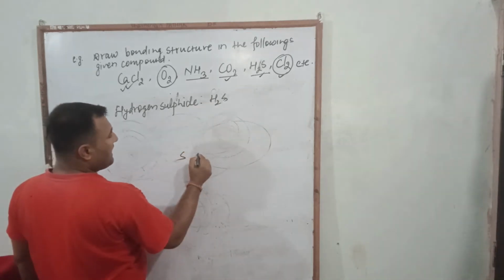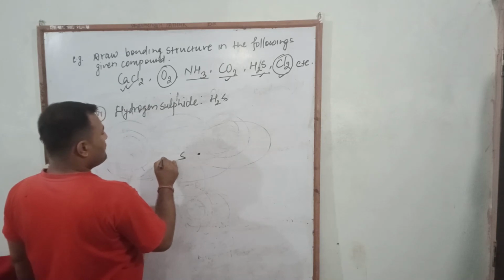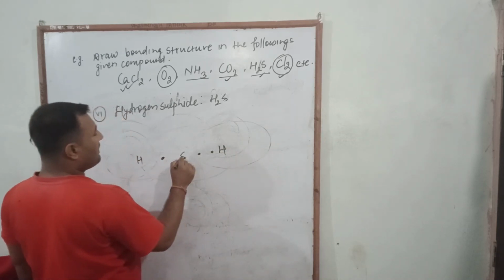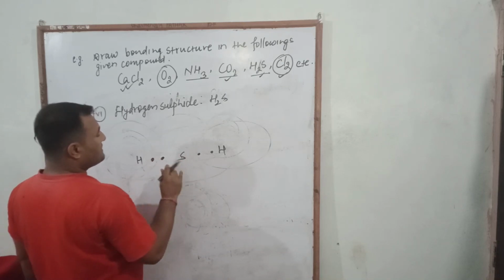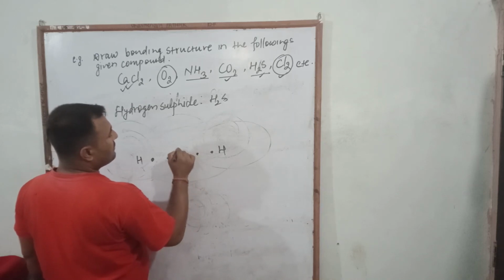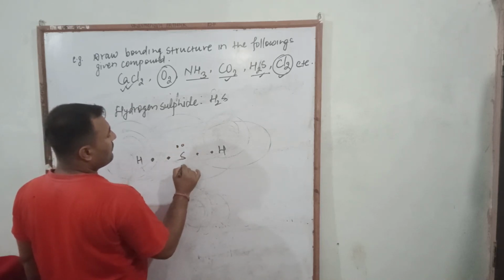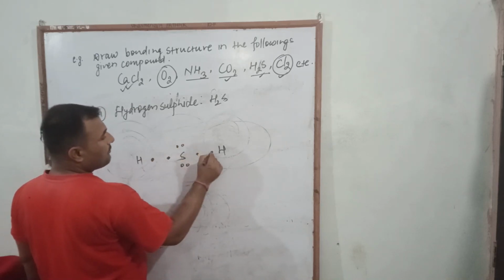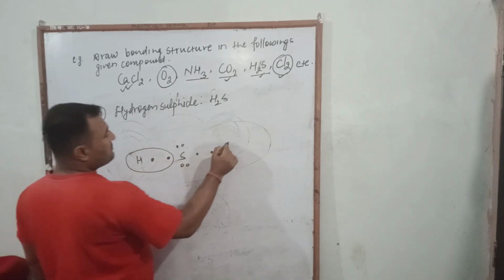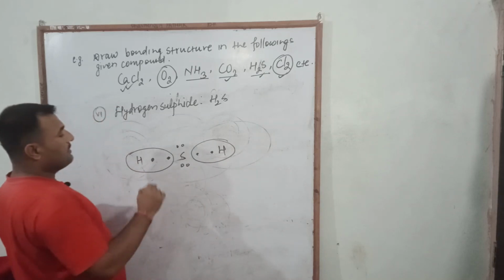2 hydrogen lie on both sides of sulfur, and sulfur has 6 valence electrons; here we draw 2, 4, 6. Hydrogen has 1 valence electron. Hydrogen shares 1 electron with sulfur to complete its duplet.